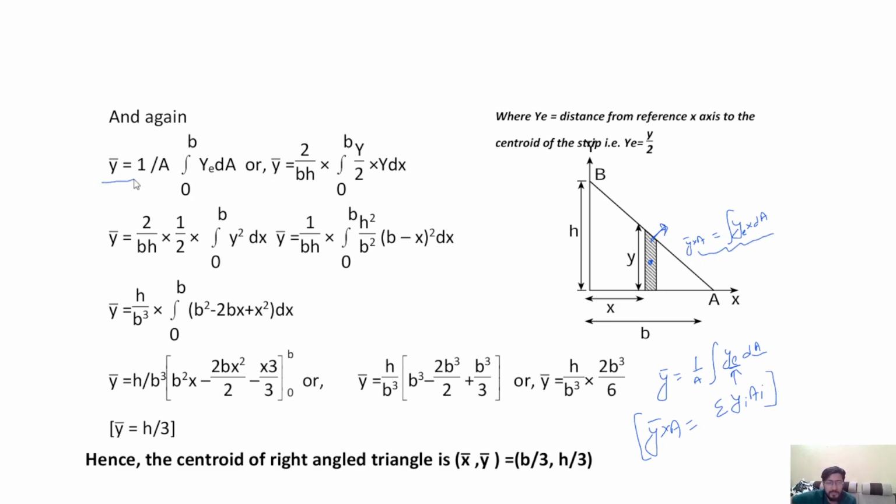Y bar is equal to 1 by A integration of ye dA, and dA is the area of this strip. Area of this strip is height, that means y, and width, that means dx, y into dx. So the area of this strip is y dx.